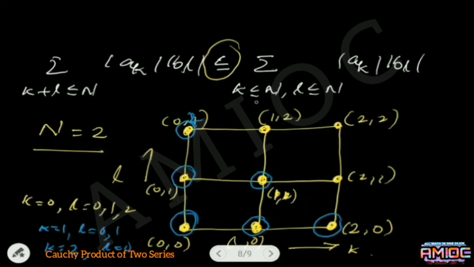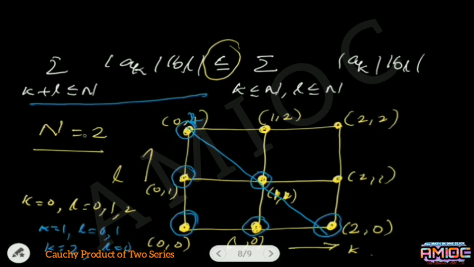What about k less than or equal to n and L less than or equal to n, mod ak mod bl? Here we are summing all these terms. Therefore, in the left hand side, we are taking the sum only of the terms below and including the diagonal elements. And here all these terms are summed and more terms are summed.